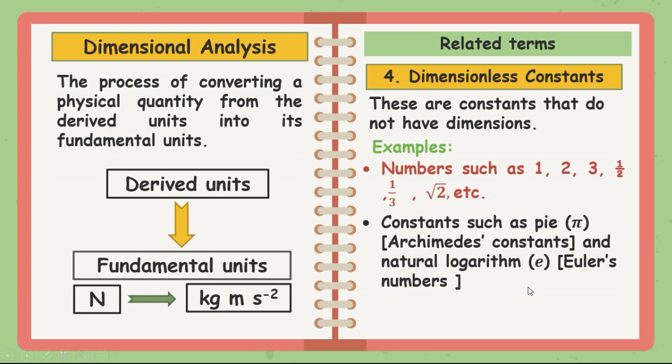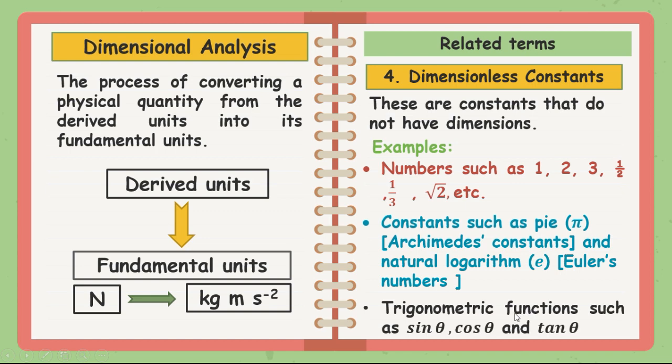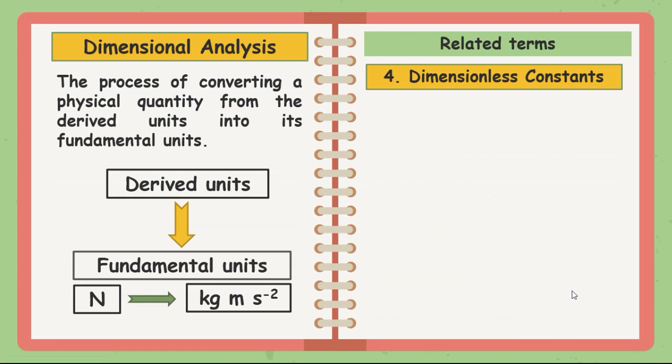These constants don't have dimensions, and so they are dimensionless. The last example is trigonometric functions such as sine, cos, and tan of a certain angle. These functions do not have dimensions.